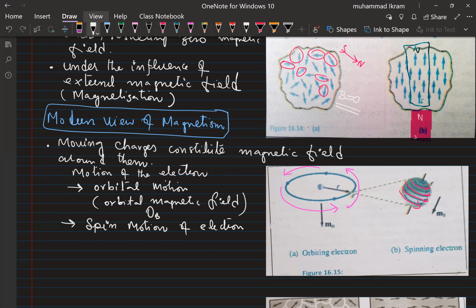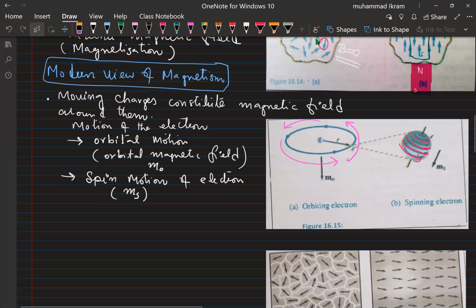Here in the diagram it is denoted not by OB but by magnetic orbital, and this one, since it is also a motion, causes a magnetic field, magnetic spin.